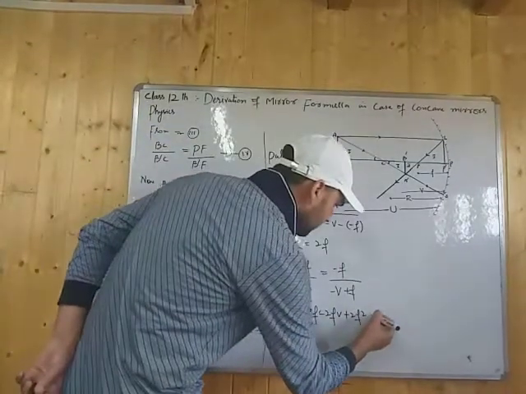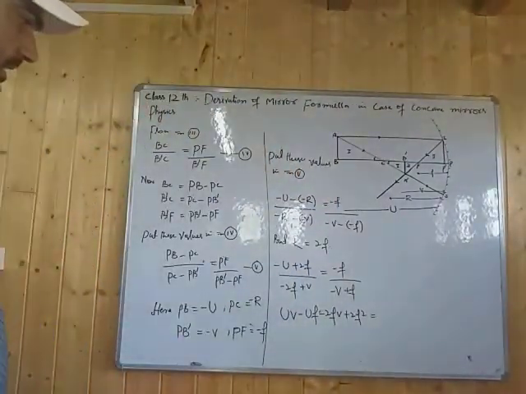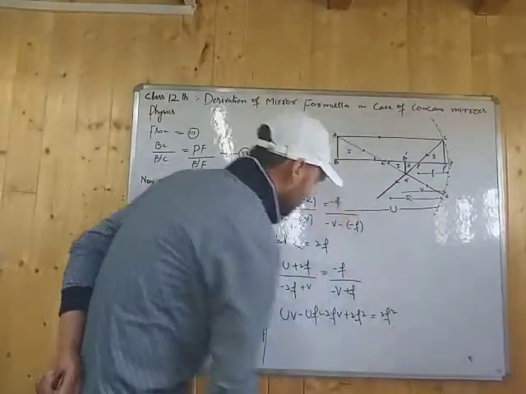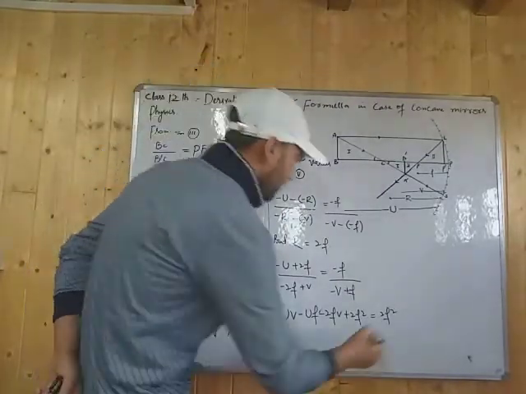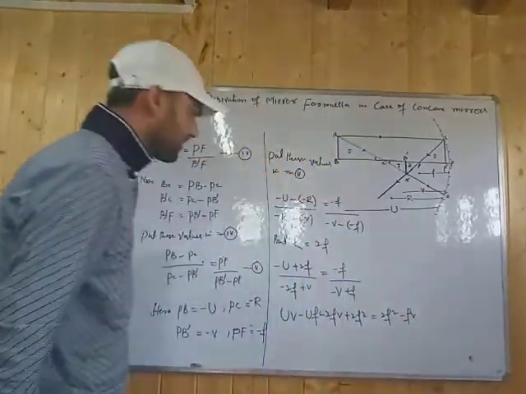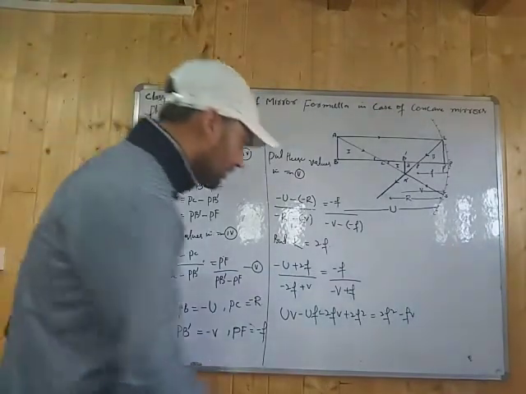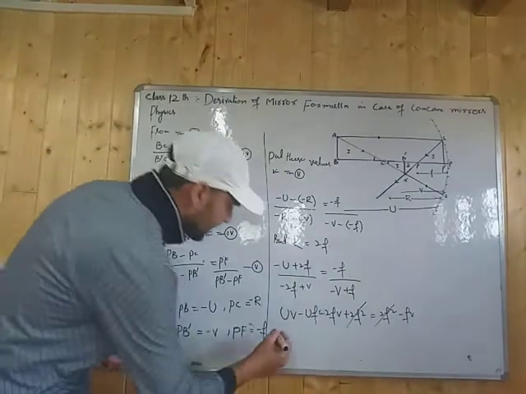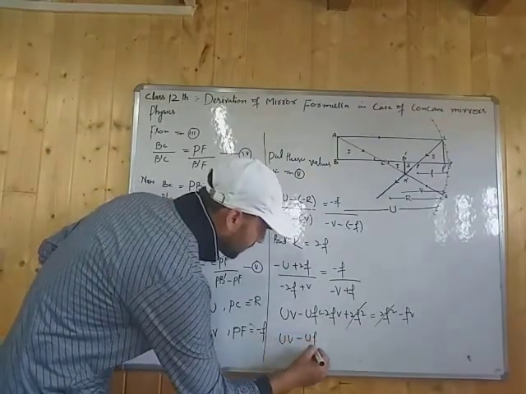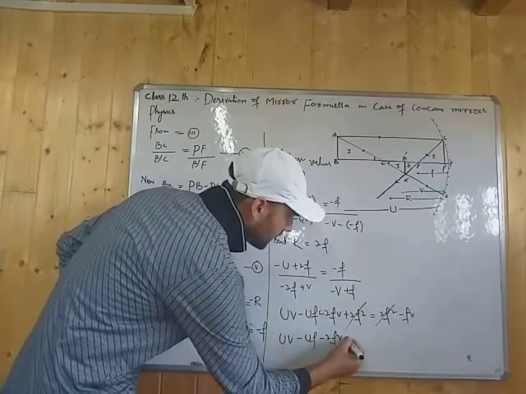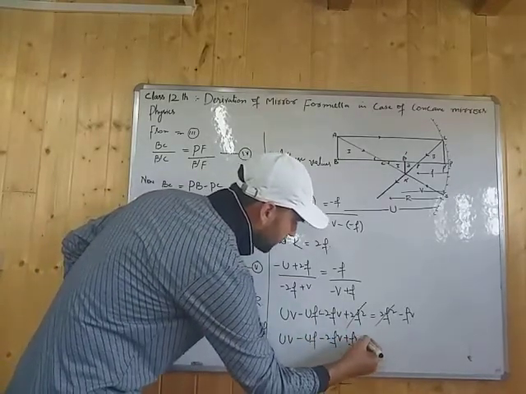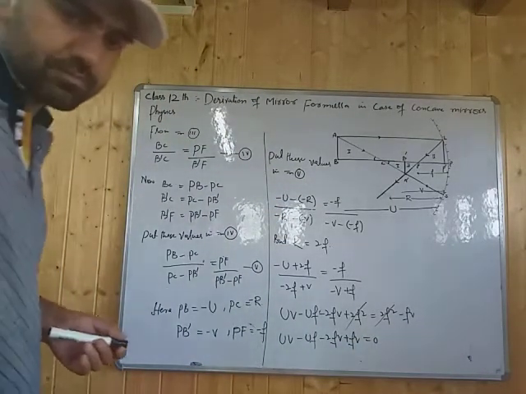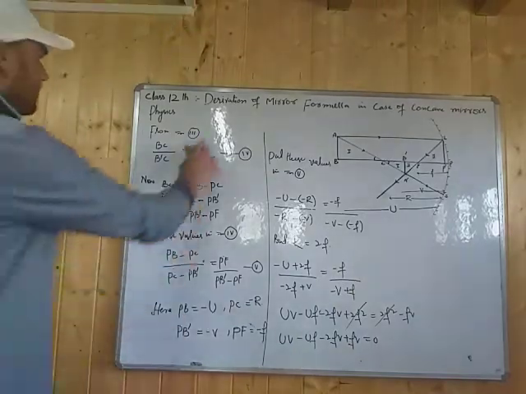Is equal to, so this will be equal to minus into minus plus, so twice F square minus FV. So this and this will cancel each other. We can write here UV minus UF minus twice FV plus FV is equal to 0.